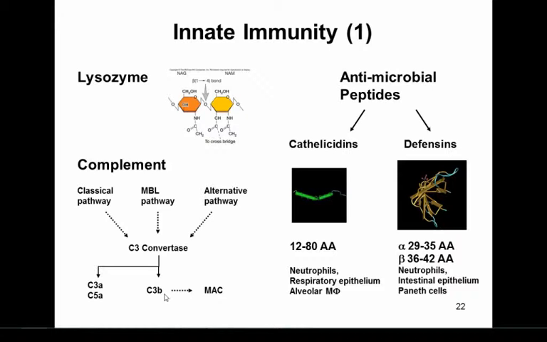It will be covalently bound to the surface of the bacterium, and it will recruit the other complement components that make up the membrane attack complex. The membrane attack complex will punch holes in the bacterial membrane, and once again, that will allow lysozyme to penetrate into the periplasm of gram-negatives.